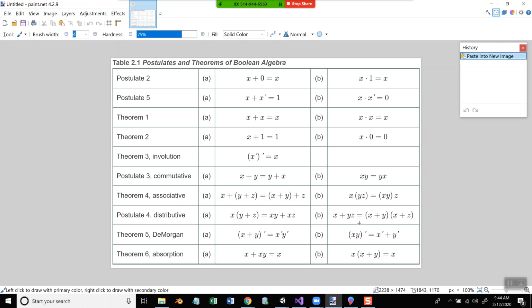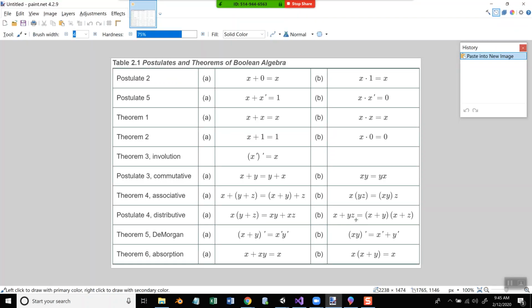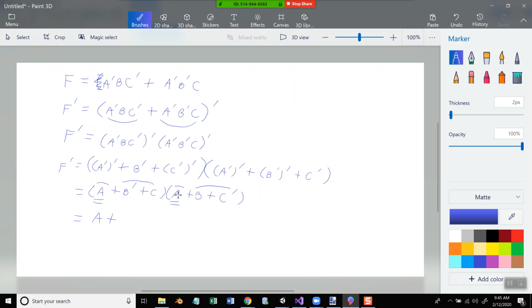And then I got a plus, and then I take the y times the z. And then again, I'm looking at postulate 4b, so I'm going to take this times this. So b prime plus c times b plus c prime.